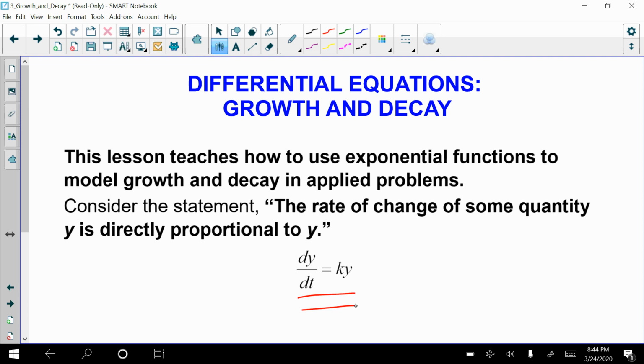Now, growth and decay functions should not be a new concept to a calculus student because in Algebra 1, you typically will get introduced to simple exponential functions. As you go through Algebra 2, pre-cal, you're going to see more applications of growth and decay functions where we're modeling population rise and fall with exponential functions.